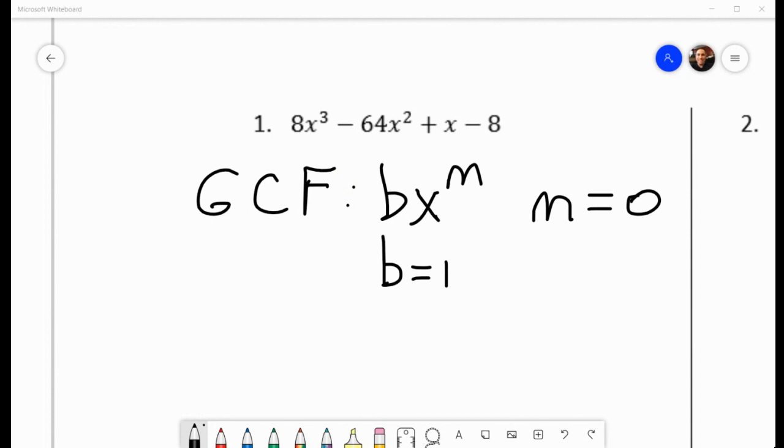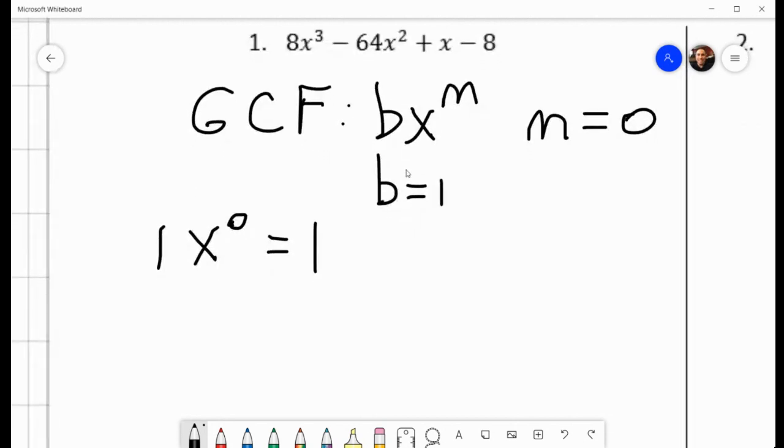So from here, we get the GCF is just 1 times x to the 0, which is really just 1. So initially, you can't factor out anything. No common factors.